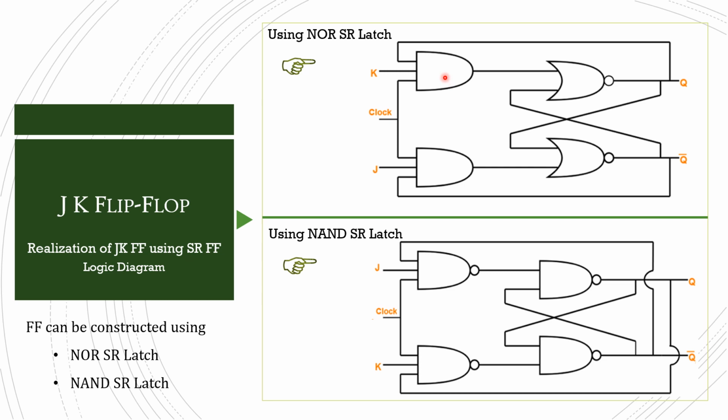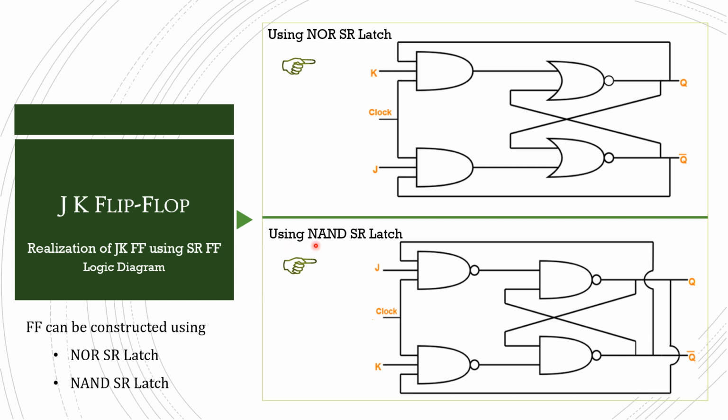To the first AND gate, we are connecting this R, right? In the SR latch, this steering gate will be connected to the R terminal. So here we are connecting that one to the K input terminal. So to the first NOR gate, the inputs are K into Q, and to the second NOR gate, the inputs are J into Q bar.